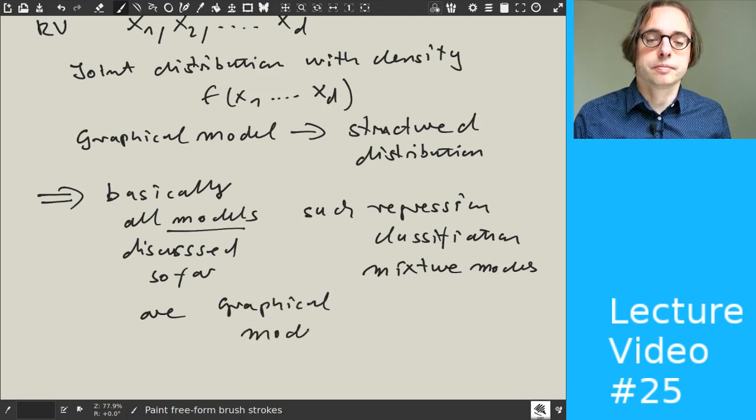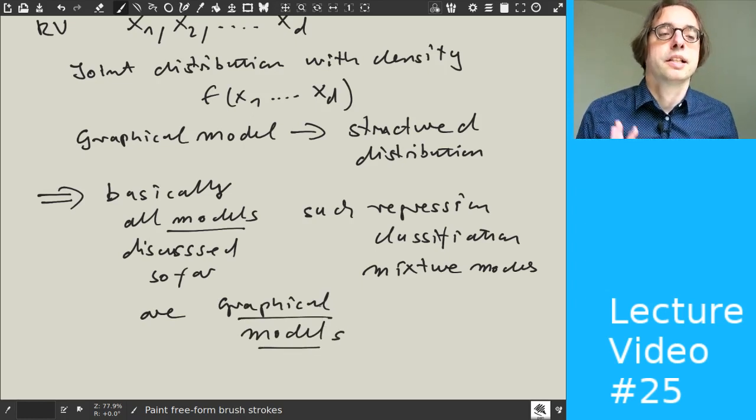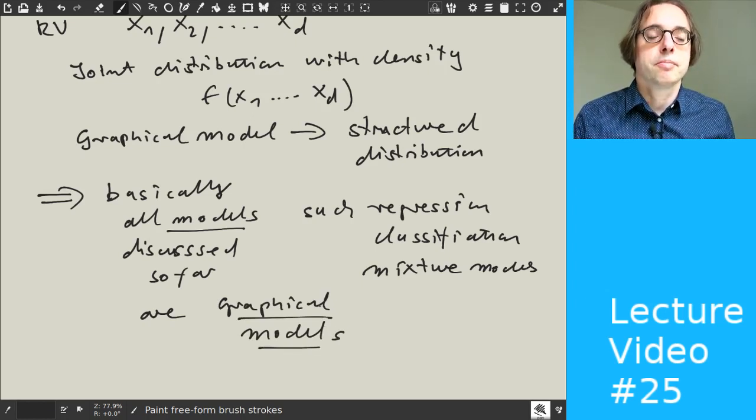So this is why we need to be a little bit more specific. The class of graphical models is an enormously big class, and the idea behind graphical models is basically to become aware of the underlying principles for representing all these dependency structures.